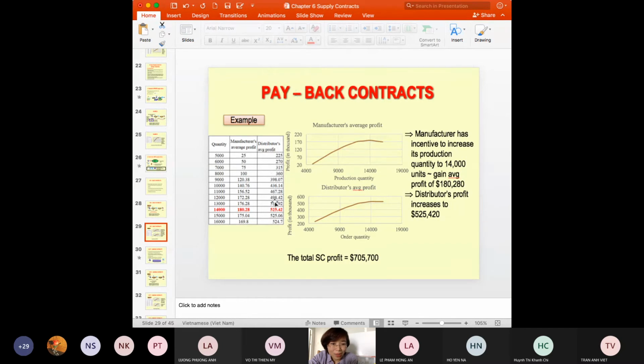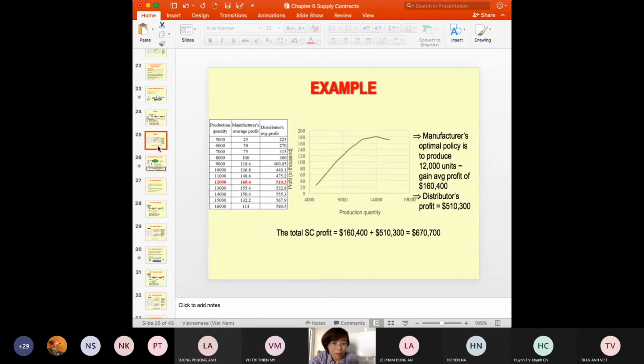But with the buyback contract here, they share the risk. So if over that number, the profits also decrease. You see, the profits of the manufacturer decrease. In this case, the manufacturer just produces 12,000 products, and the profits they get are lower.